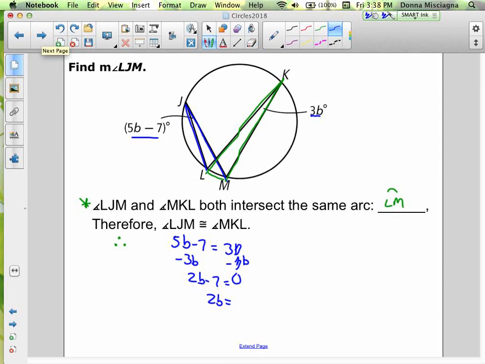And that means b is 7 halves. This is a terminating decimal. You could also write it as 3.5.